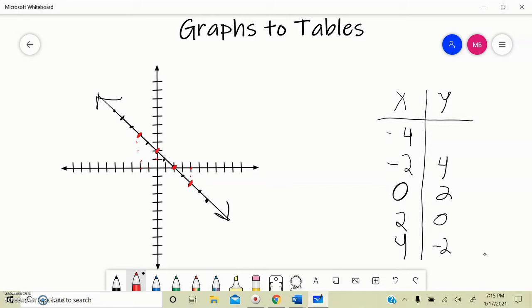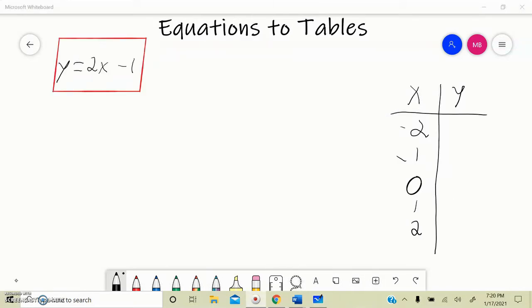So I'm going to go over negative 3, negative 4. Then I'm going to go up. 1, 2, 3, 4, 5, 6. So that's how I can go from a graph to a table.